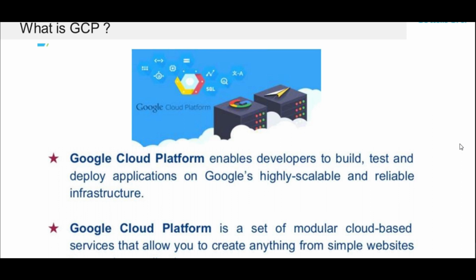You can build some complex applications also, mobile applications. You can build some AI, IoT tools and apps also. Likewise, many things you can do on this particular platform. Now, before GCP or AWS, what was happening?